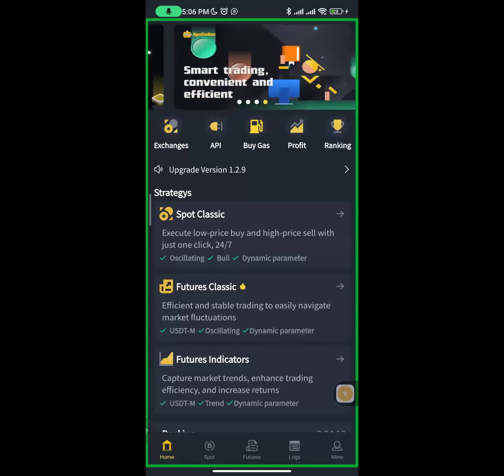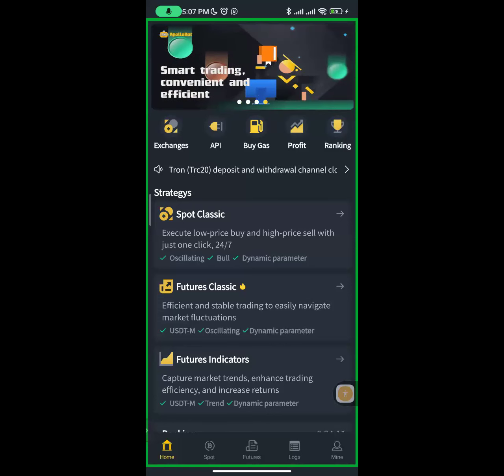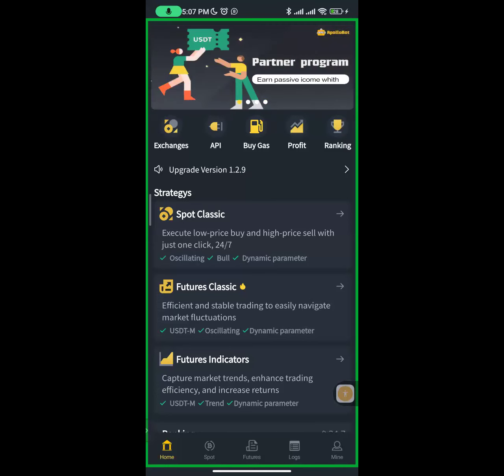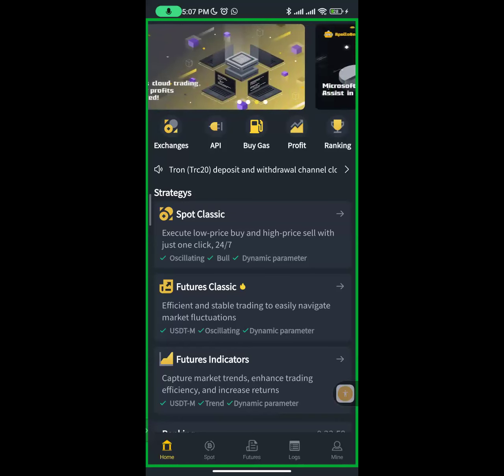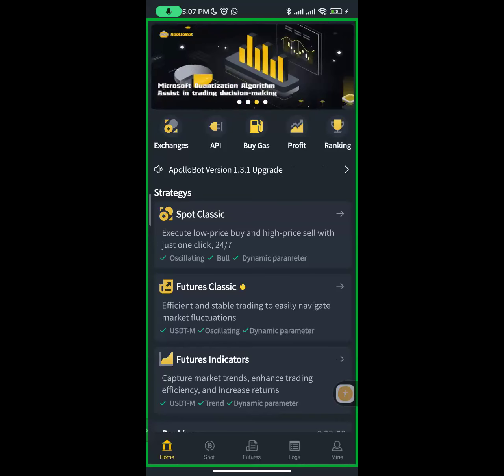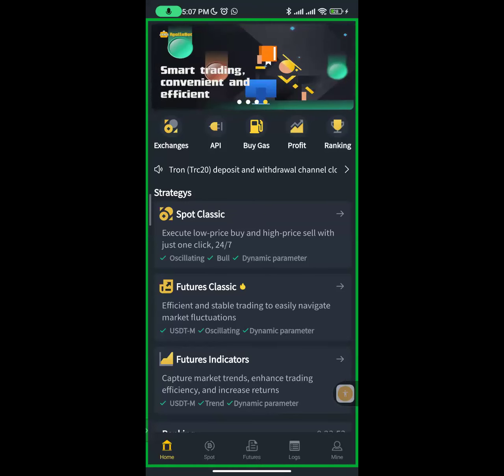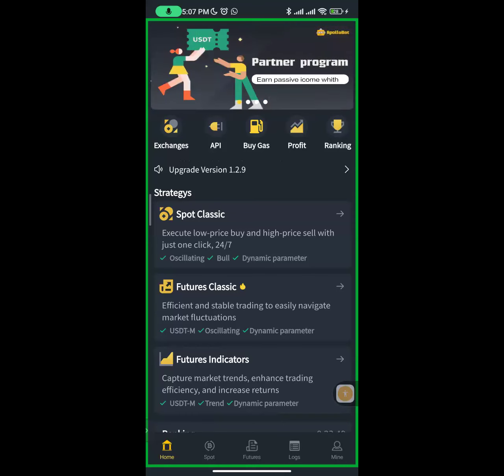Apollo is running right now for free, and it's trading better than any other application I know. We don't know if the deal is going to change. But for now, we are enjoying free robotics, free artificial intelligence installed, and we are also enjoying a 10% commission that the robot charges you.